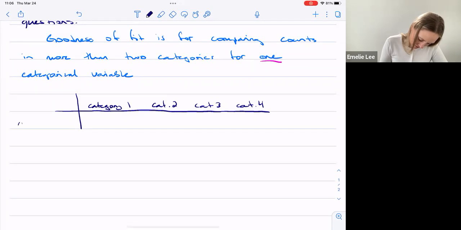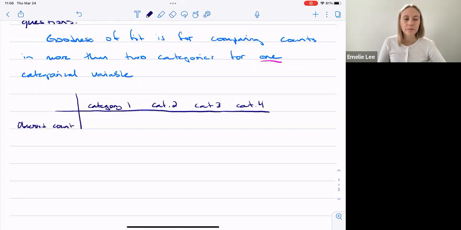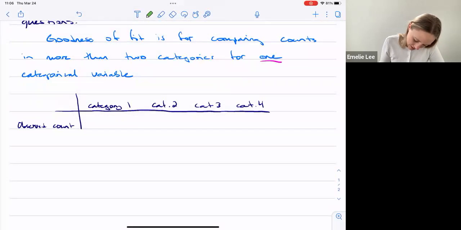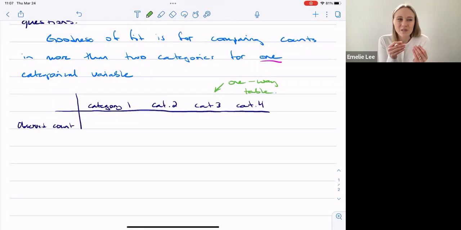And then I have the observed count in each category. This is what we call a one-way table because it only has one categorical variable. We're only concerned with one variable here, but it has multiple categories.